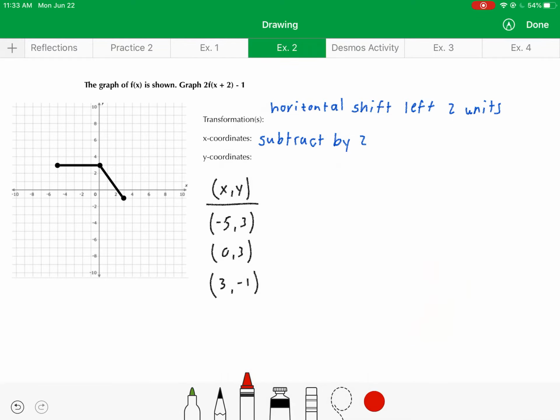Now I'll move to the 2 that's outside of the function. Okay, the 2 that's in front of f. That is having an effect on the y coordinates exactly as it appears, so they will be multiplied by 2, which has a vertical stretch effect. Vertical stretch by a factor of 2.